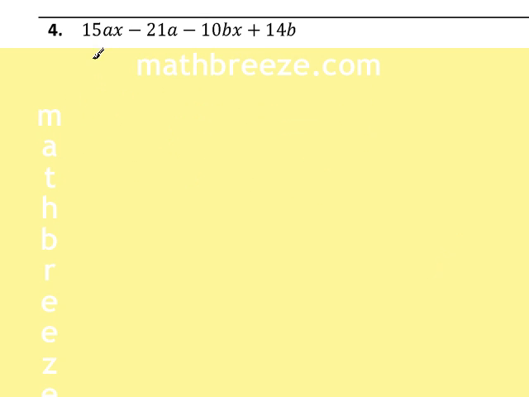All right, in number 4, again, we'll group together. And I see we can pull out 3a from both terms. Pull out 3a from the first term, and we're left with 5x. And from the second, we're left with negative 7. Now, we have this negative sign here, so pull out something that is negative. Let's see.